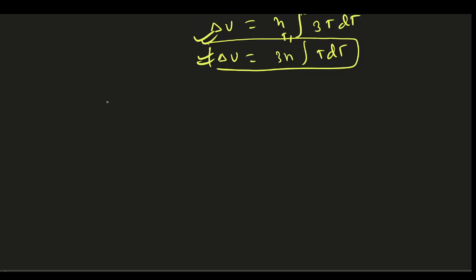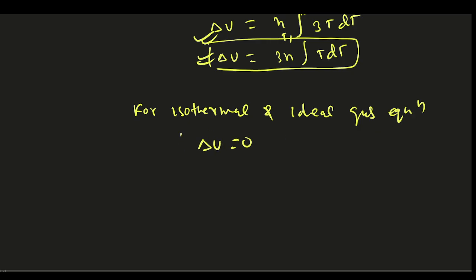So another thing is that for an ideal gas, for isothermal and ideal gas equation, delta U equals 0.